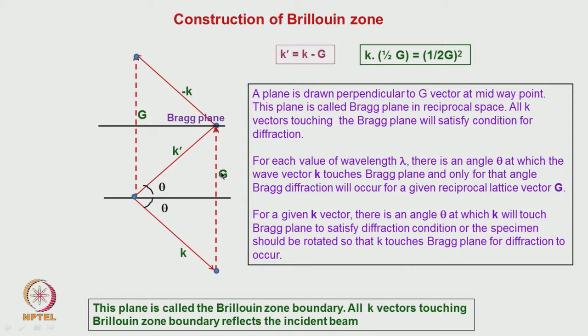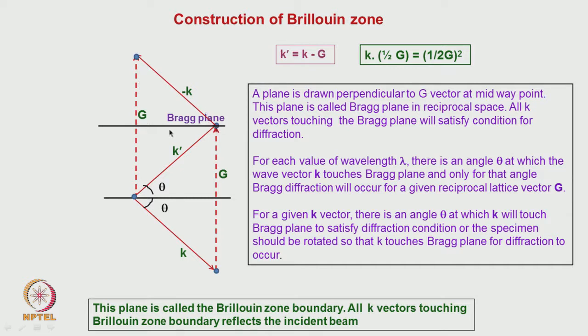So the delta k has to be equal to g. So g means that this is one reciprocal lattice vector, this is another reciprocal lattice vector. Similarly here this is one and this is another one. So these vectors can be written this way also. This is k dash, and this direction is from here to here, this is minus k.